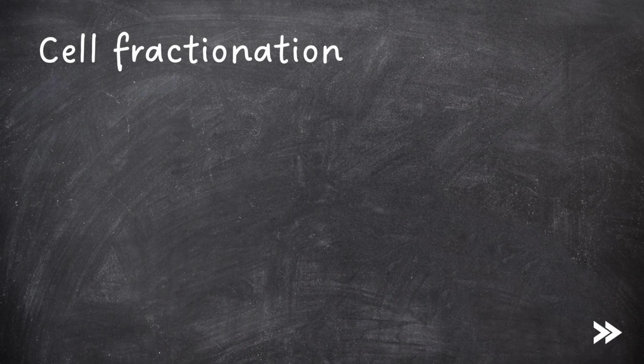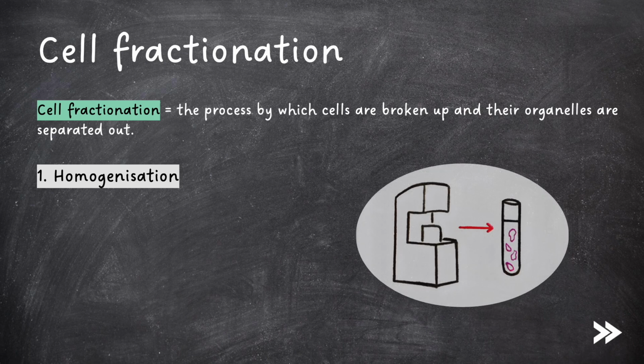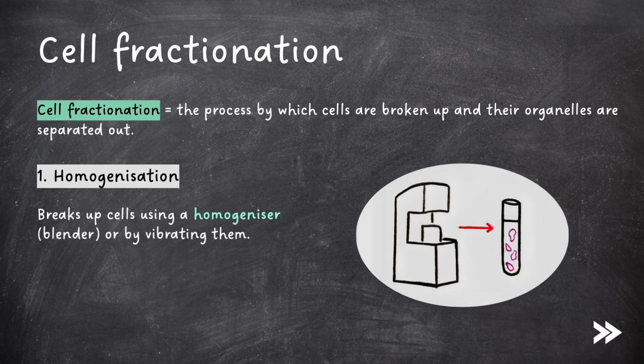Finally, we need to know about how cell components can be separated using cell fractionation and ultracentrifugation. Cell fractionation is the process by which cells are broken up and their organelles are separated out. The first step in cell fractionation is homogenization, which involves breaking up cells using a homogenizer, which is a blender, or by vibrating them.